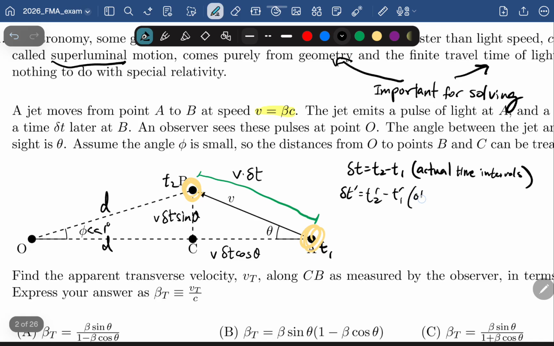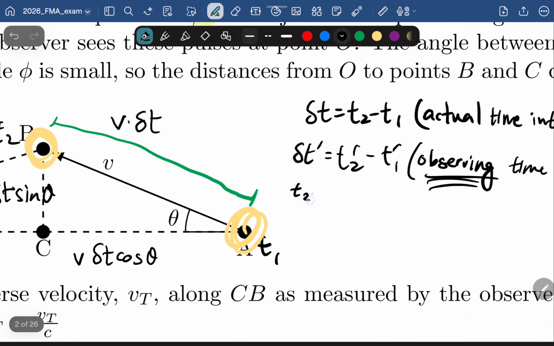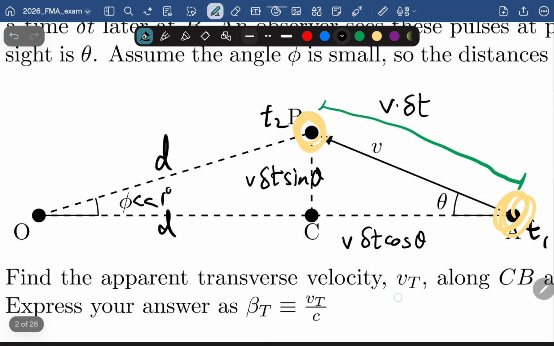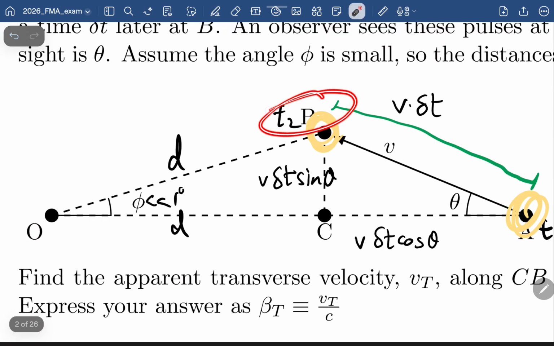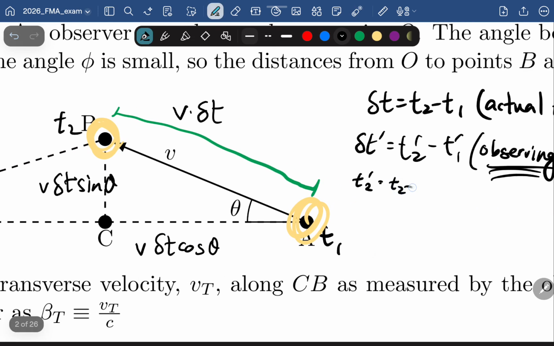And this is the observed time interval. So what is T2 prime? T2 prime is just T2 plus the additional time it takes light to travel this distance, so T2 plus d over c, where c is the speed of light.